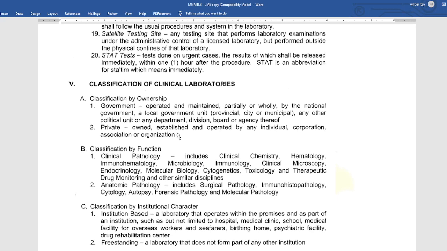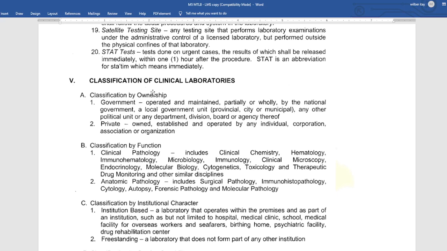Okay, we have here the different classification. Okay, so it's easy to understand naman if that is ownership, government, or private. Pag sinabi natin government, clinical laboratories, these are laboratories within the hospitals by the government like CBMC or People's, mga ganyan. So, as long as the budget comes from the government, so that is government owned.